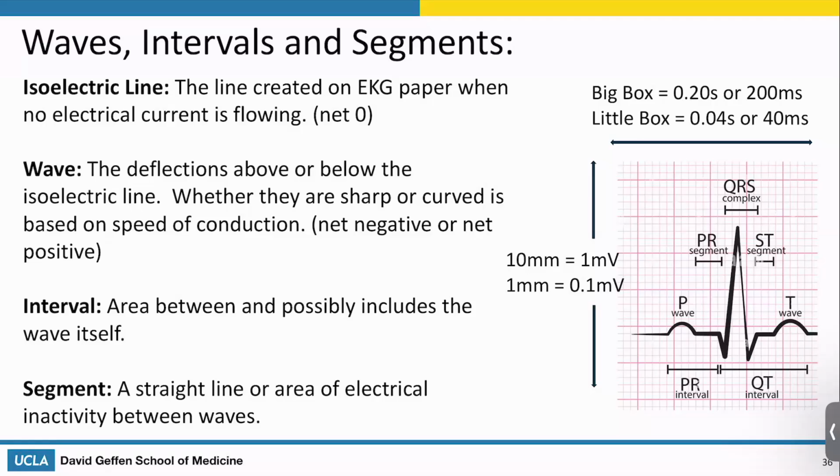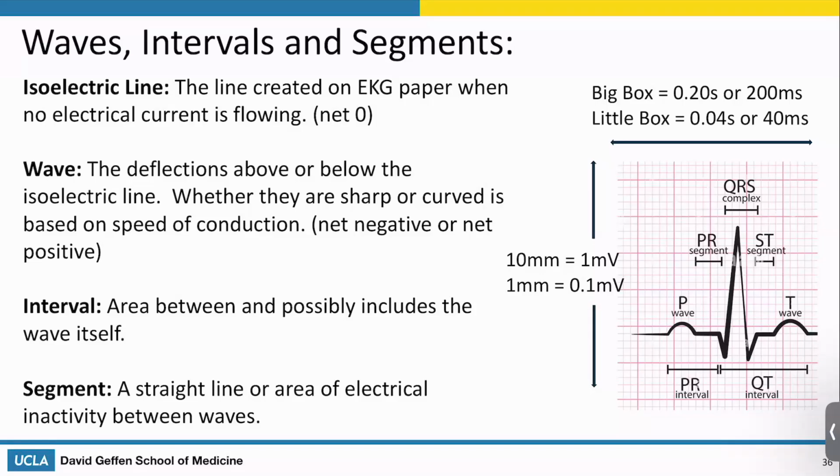Waves are going to be the deflections above or below that isoelectric line. Whether they're sharp or curved, we talked about it, is based on that speed, the amount of gap junctions that are there. If it's fast conducting, like in that His-Purkinje system, it's going to be up and down really fast.